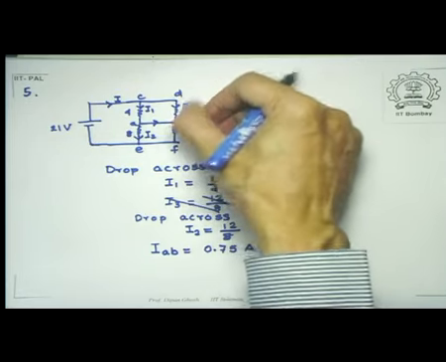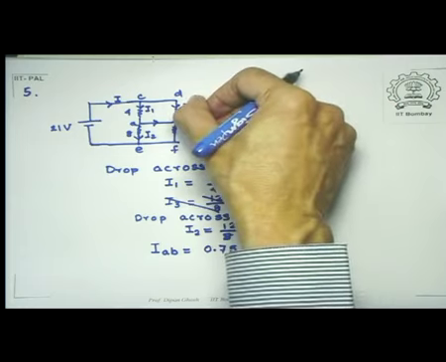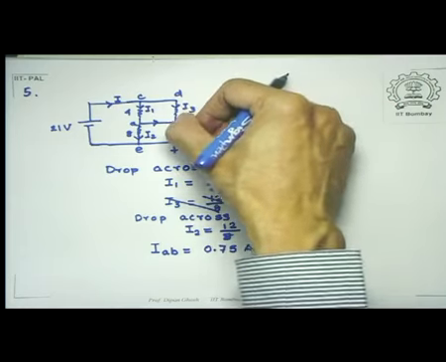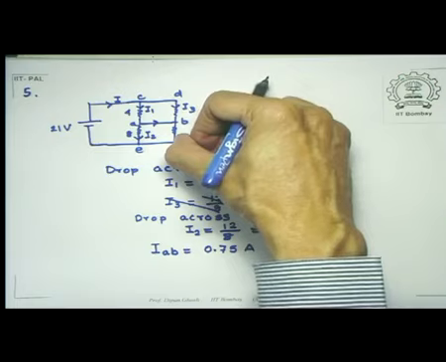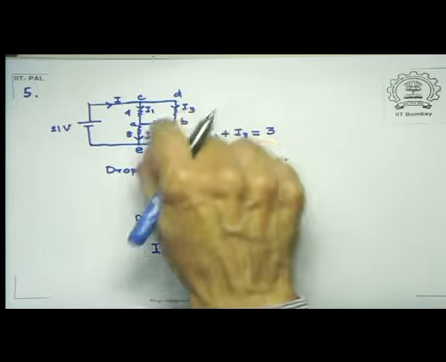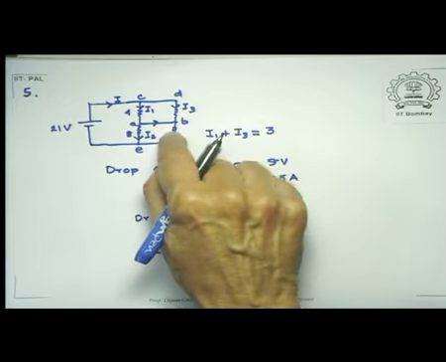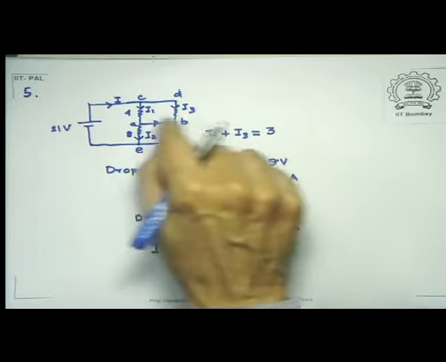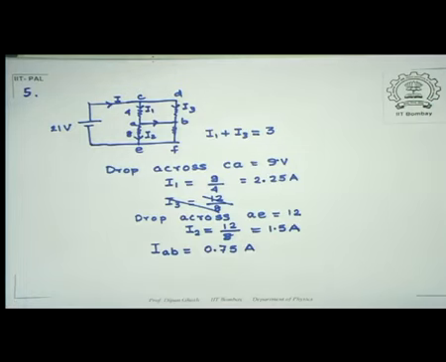You can find out how much is the current here, and similarly how much is the current there, and you will find that the result would be the same: this minus this would be the amount of current flowing into the section AB. So this gives you an example of how to calculate things in which we have parallel and series circuits.